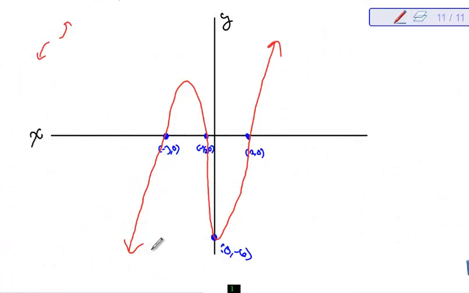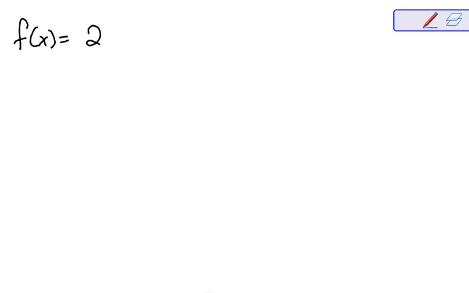So let's look at another example, because sometimes these are not all going to be factored for us. If I have f of x is equal to 2x to the third plus 5x squared minus x minus 6, this one's not factored, so we're going to have to do a little bit more work on it.